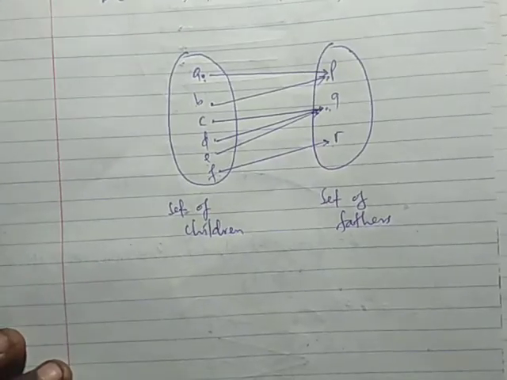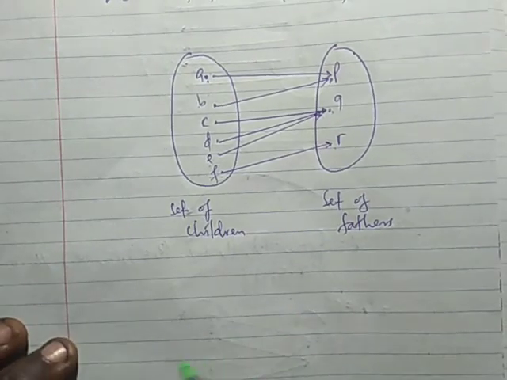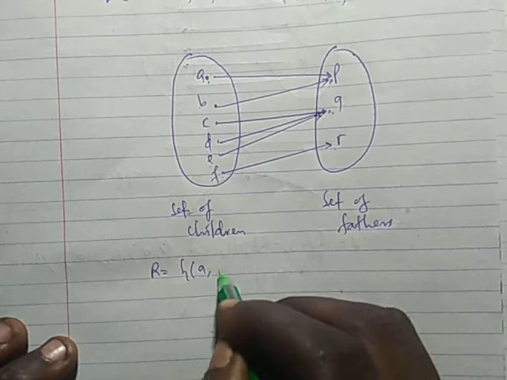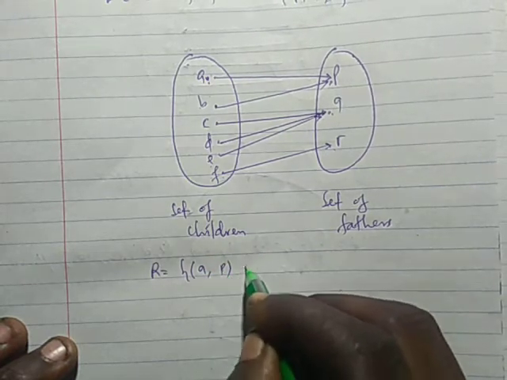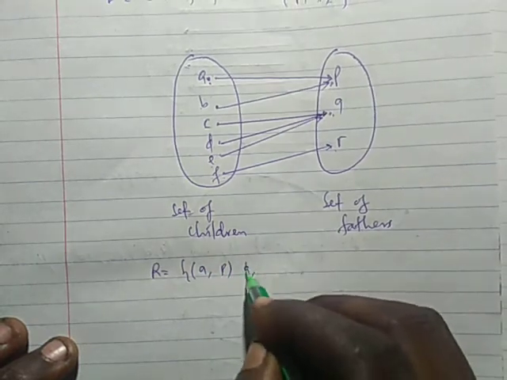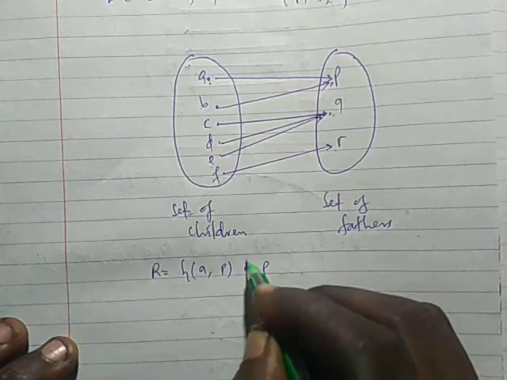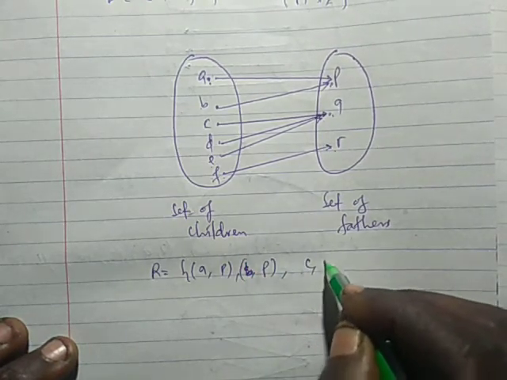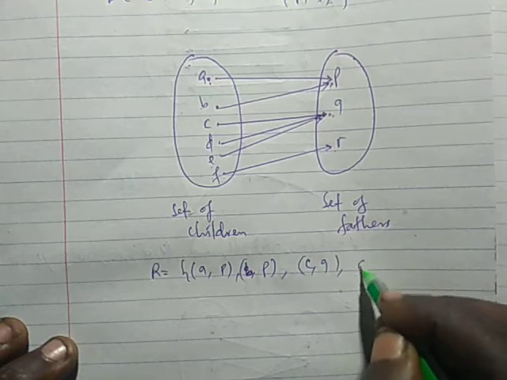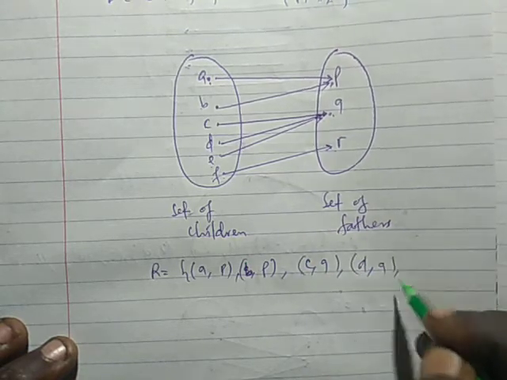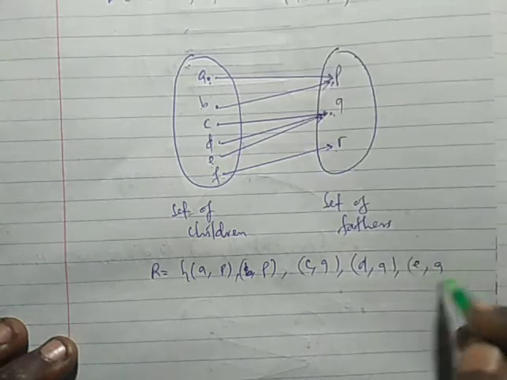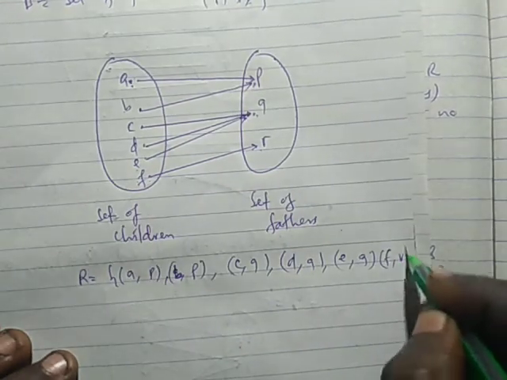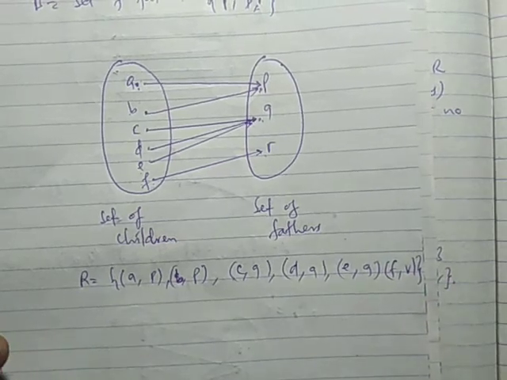So if we are writing the ordered pairs from this pictorial presentation, we'll have ordered pairs for the relation R equal to A, P, then B, P, and then from there tutakuwa na C, Q, D, Q, and then tutakuwa na E, Q. Finally, we'll have F, R. So hizi ndo zitakuwa ordered pairs zetu.